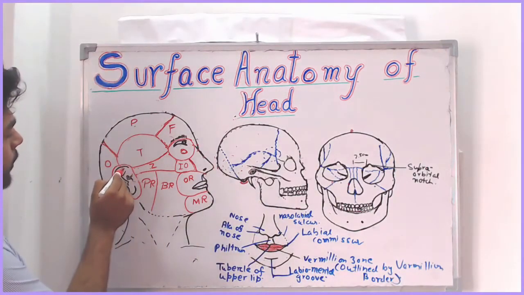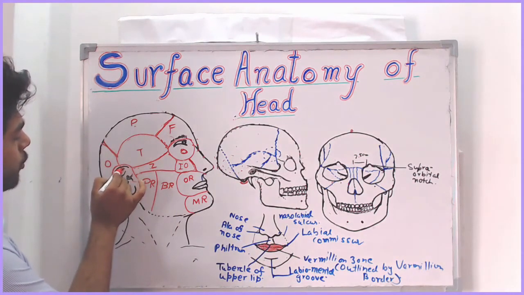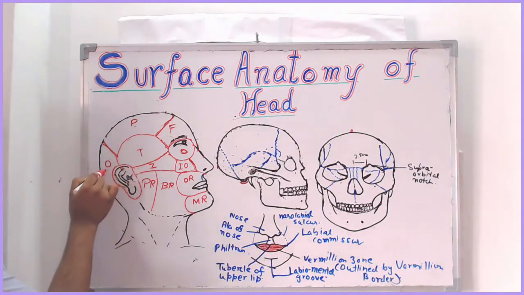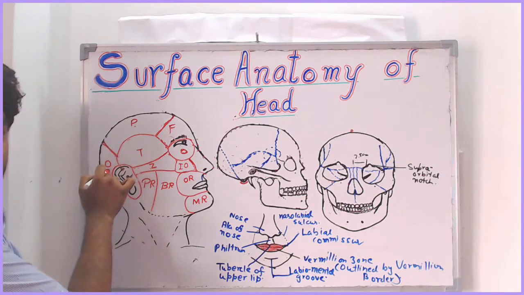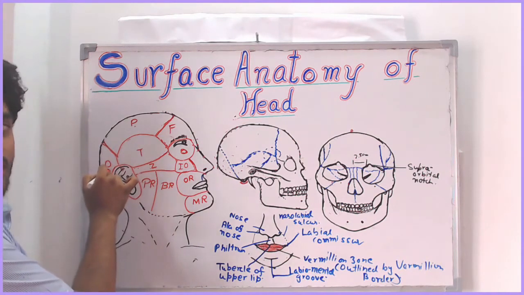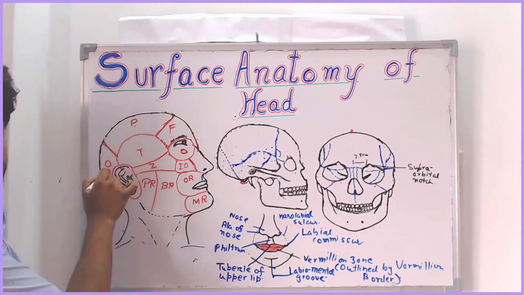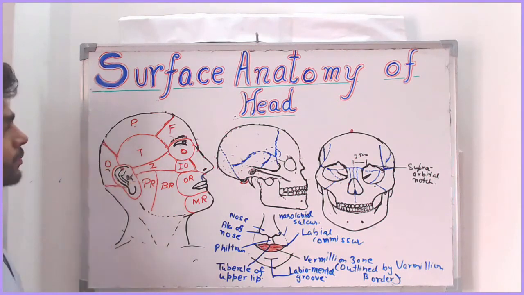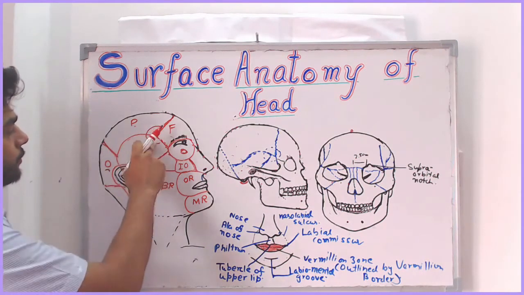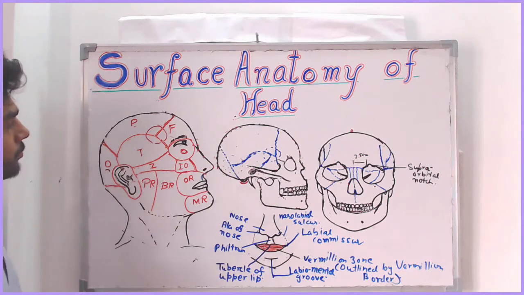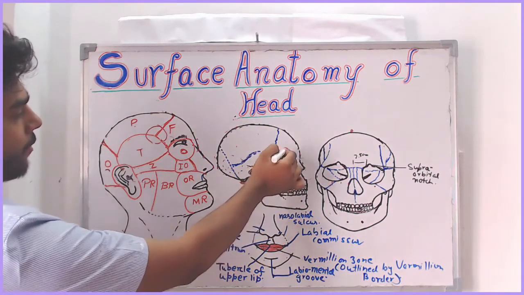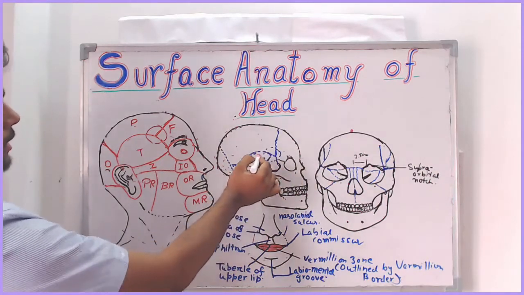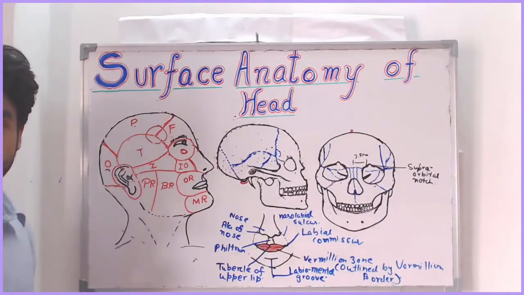That slight depression is the asterion, where the temporal, occipital and parietal bones meet. And here we have the pterion, where the frontal, parietal, temporal and sphenoid bones meet.